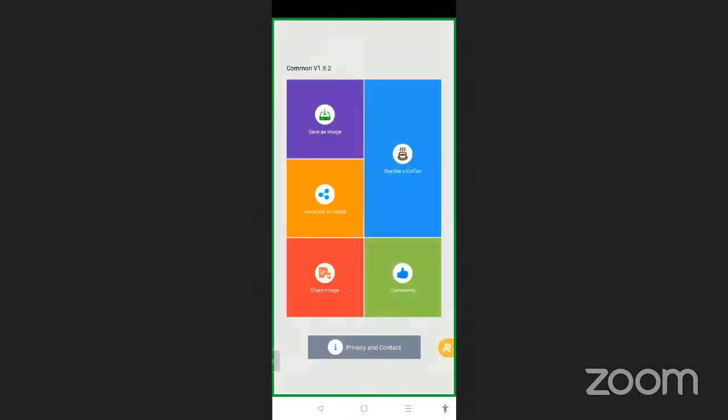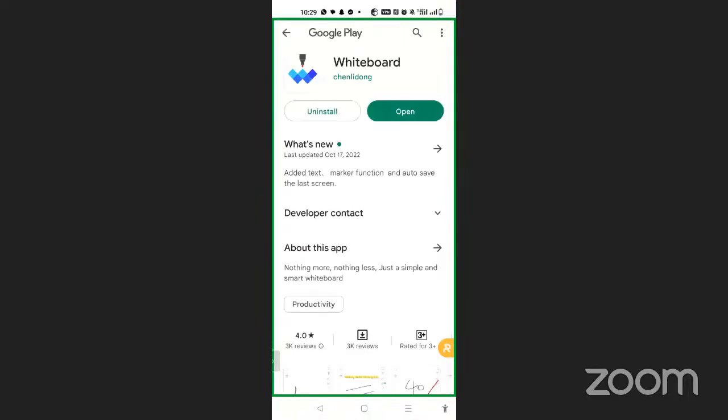Okay, let me know if you can see my screen. Very visible. All right.